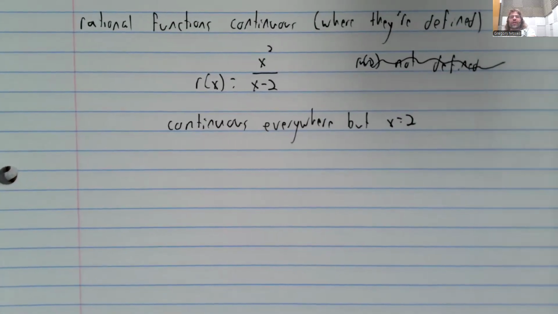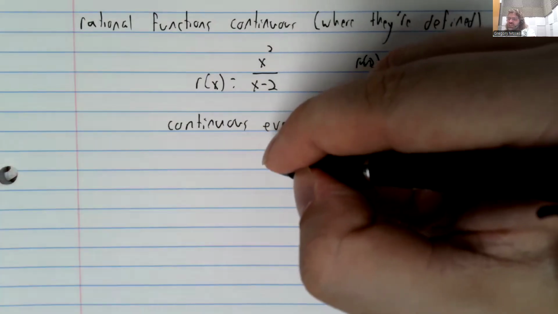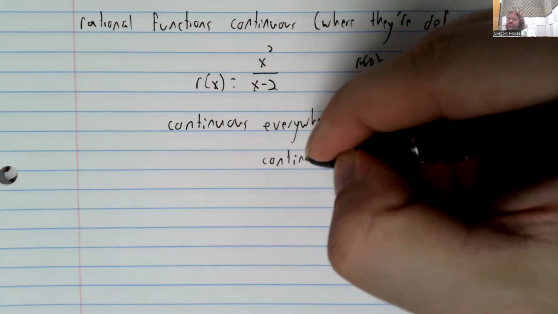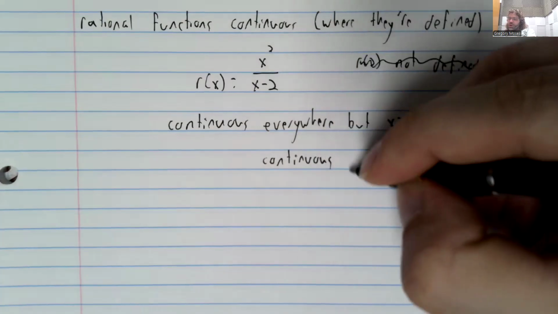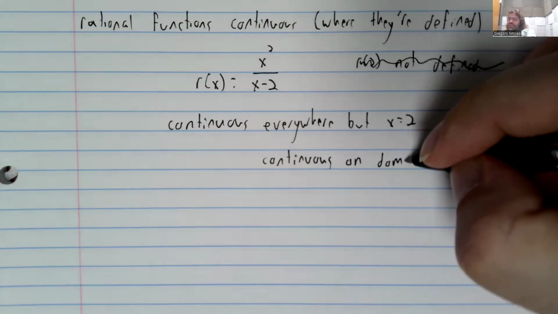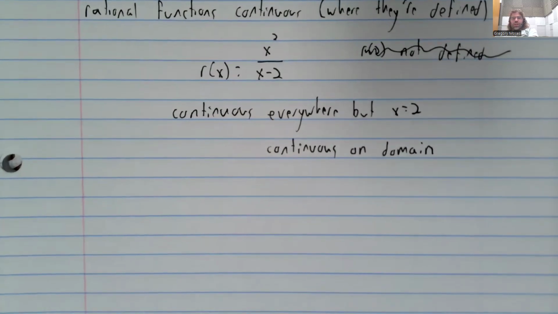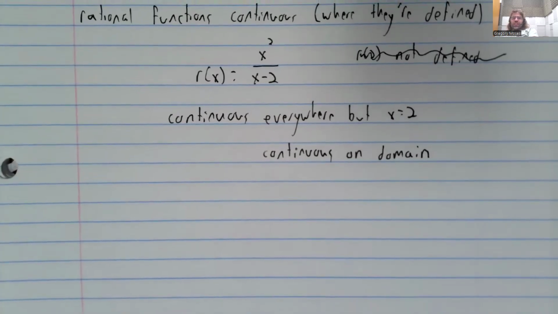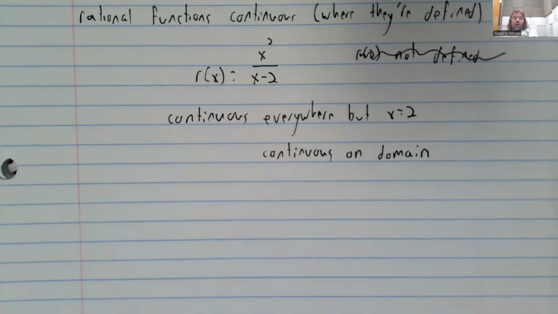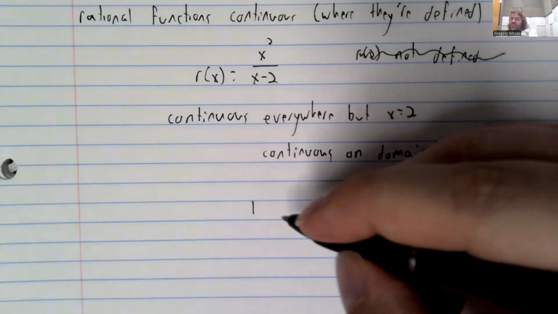The fancy way of getting this idea across is saying that it's continuous on its domain. And again, this is not new. We already know that rational functions are continuous on their domain.